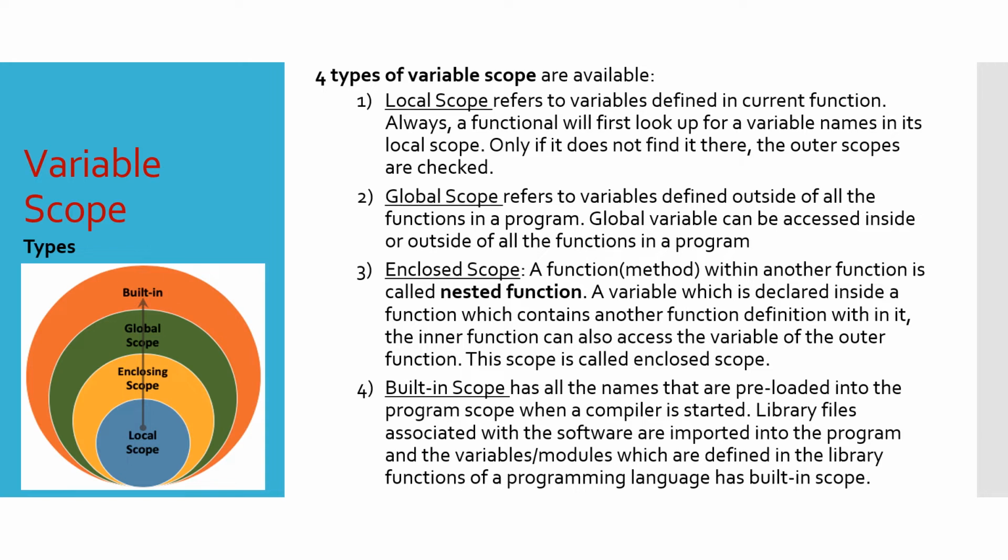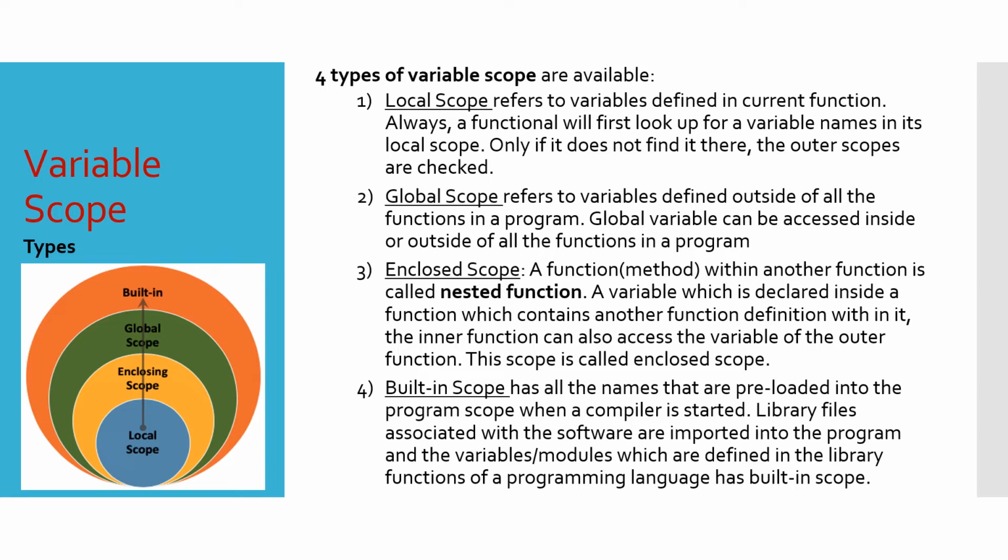So when you are learning a new computer language, you will always have a chapter about what kind of common built-in variables are already available in that programming library. That's how you will get to know that, and it could differ per computer language. The picture on the left hand side gives a beautiful view of how, from inner to outer, the scope of each type of variable increases.